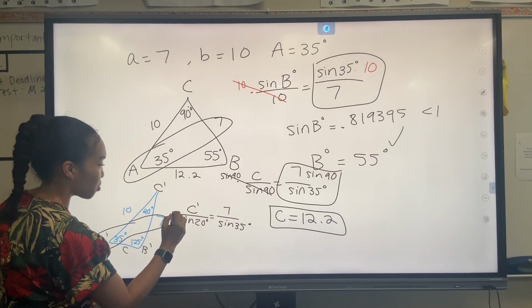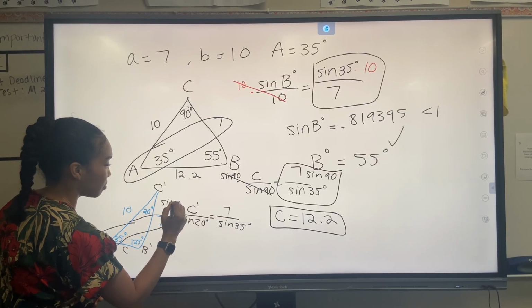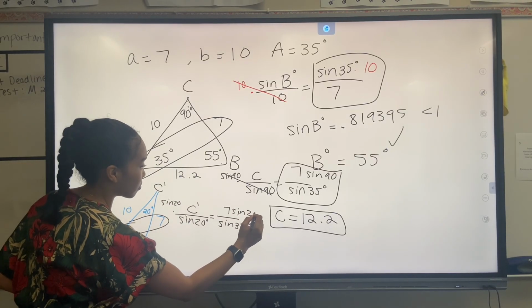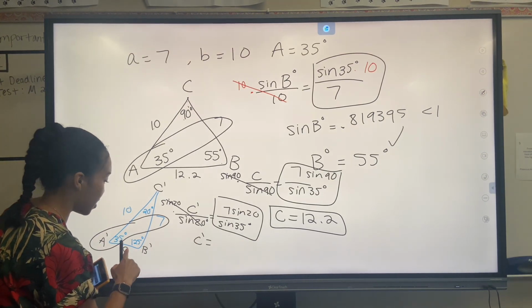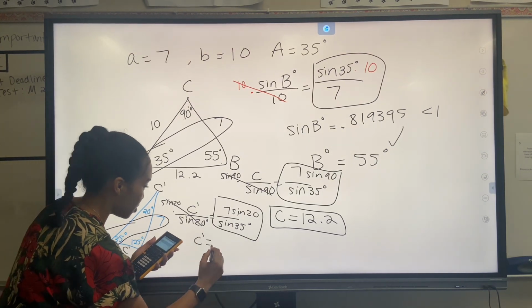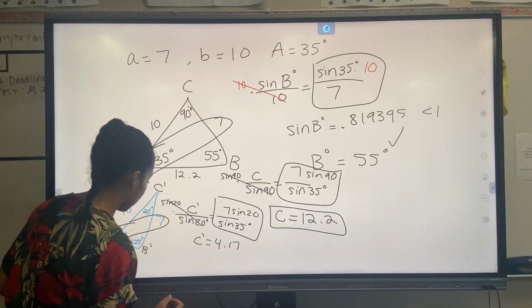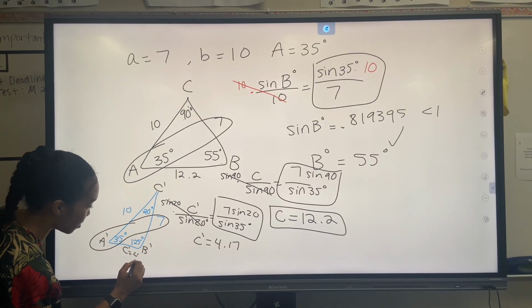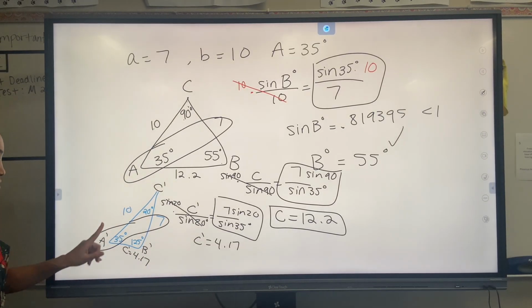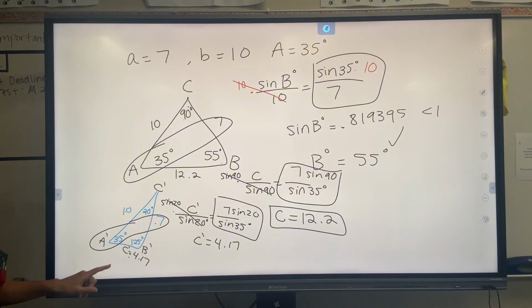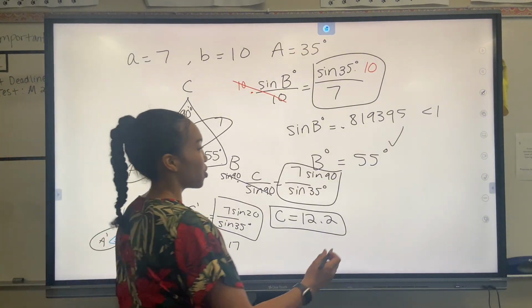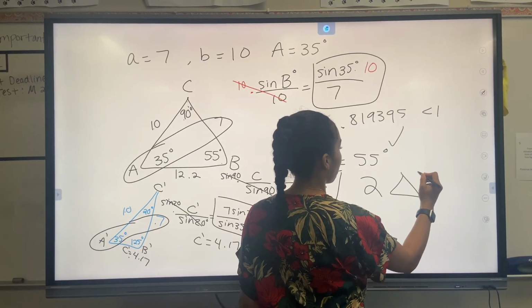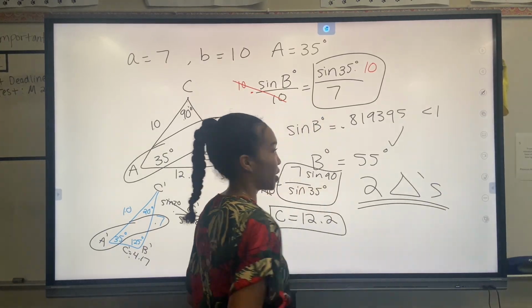Okay, so now I'm going to multiply both sides by sine 20, and you get this other side right here, C prime, is equal to 4.17. So that's how long this side is. Okay, so we found the sides of the second triangle and the angles of it, and we solved the first triangle. So there were two triangles in this scenario.